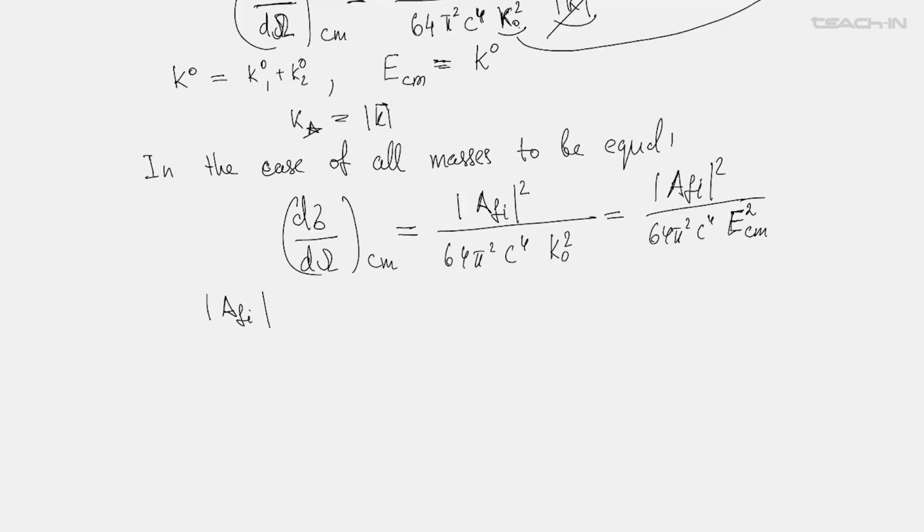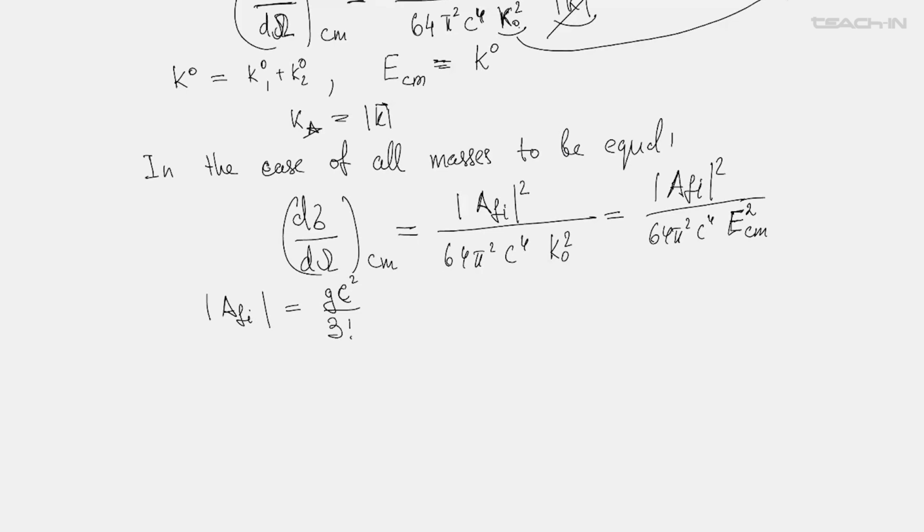The result for this amplitude at leading order was g c squared divided by 3 factorial. So it was just a number proportional to the coupling constant.